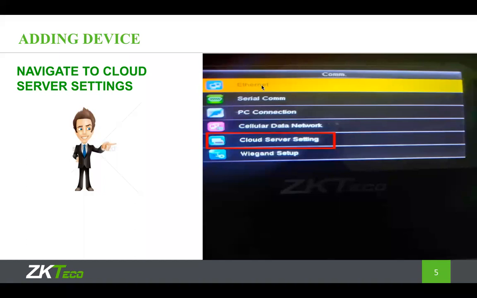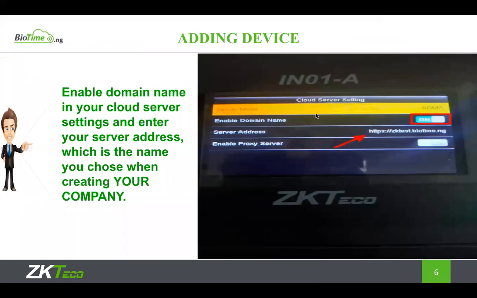So when you navigate to comm, you go to cloud server settings, then you click on enable domain name. You can see from my BioTime, when I created my company, which was ZK Test, the URL I got was zktest.biotime.ng.